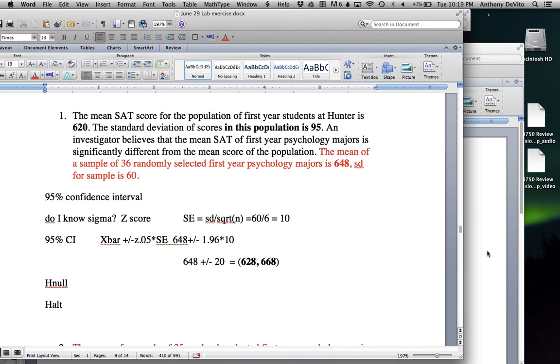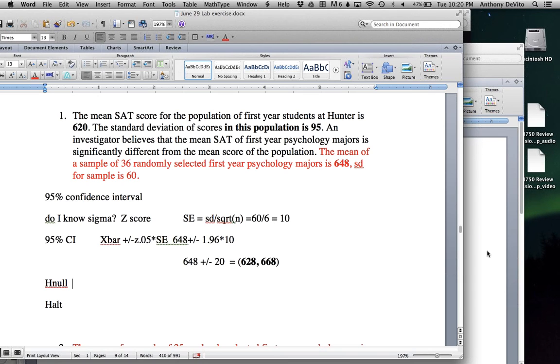Anybody want to propose a reasonable null hypothesis for me? No difference between the sample and the population mean. I like that. Except that really, when we do the null hypothesis, we're never stating it as if we're working with samples.